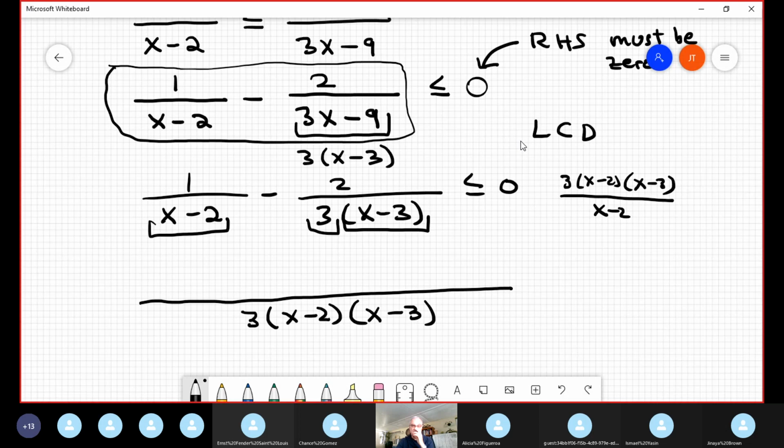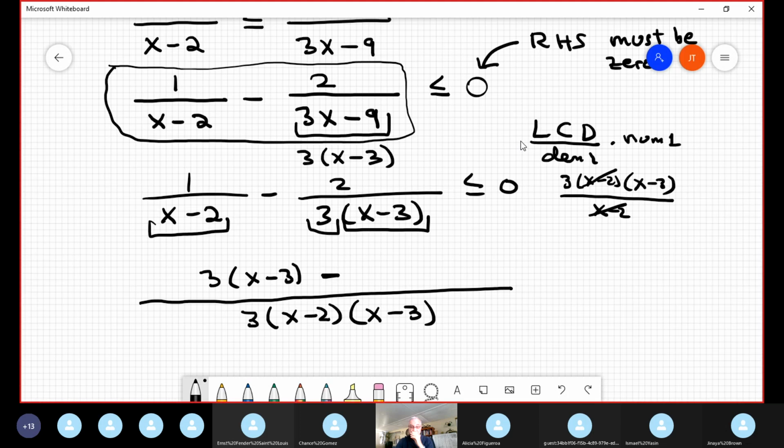The formula is least common denominator divided by denominator 1, multiplication by numerator 1, the corresponding numerator. When you divide, it's obvious that x minus 2 is cancelled. It's a common factor here. And we stay with 3 times x minus 3, multiplied by 1, the corresponding numerator, so it's just 3 times x minus 3.